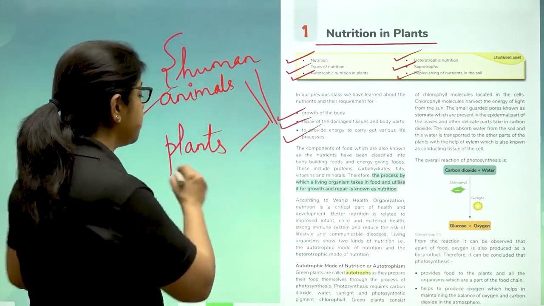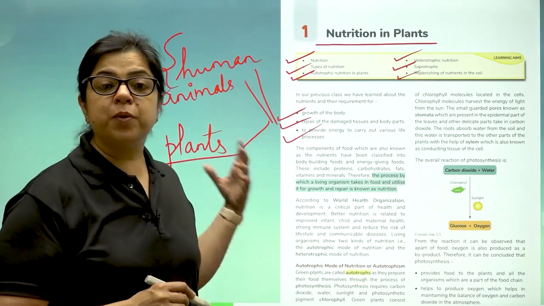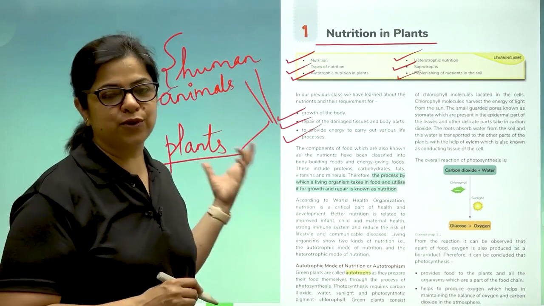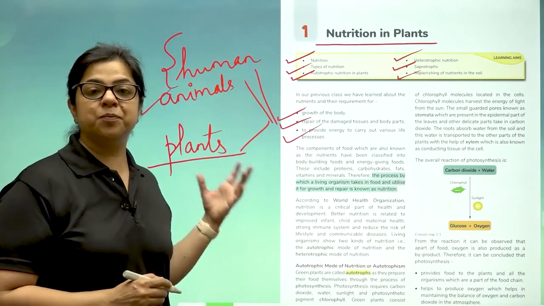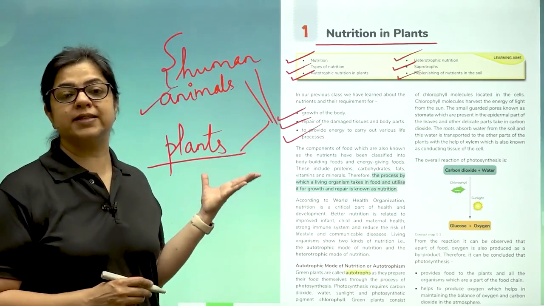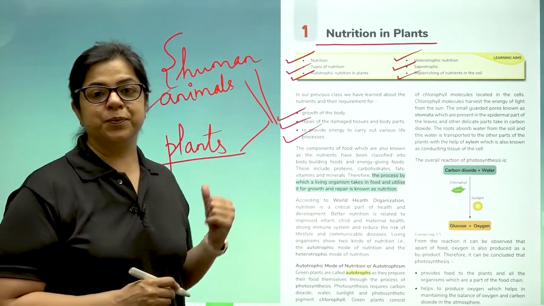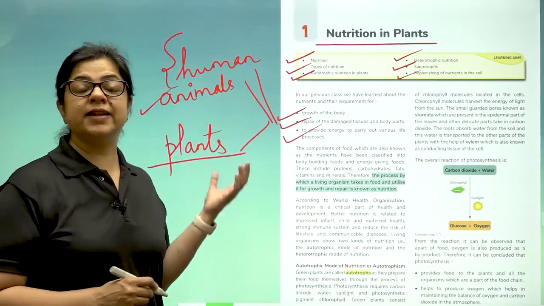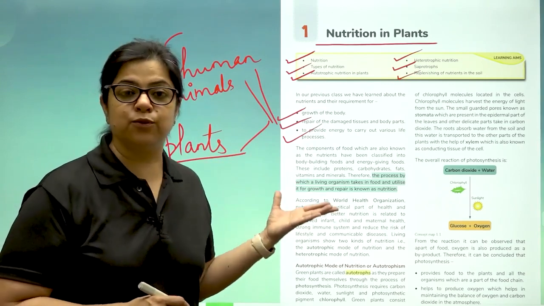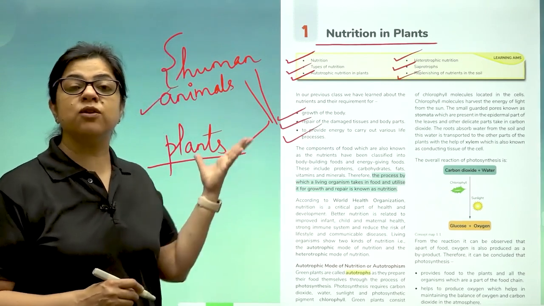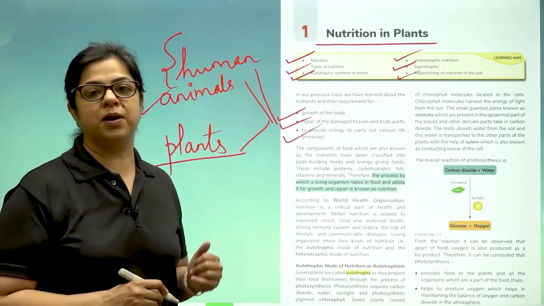Now what about plants? How do plants get their nutrition? So we have learned from junior classes that plants are the only living organisms that can make their food. Today we are going to understand that plants are not just the ones who make their foods. There are plants which are also dependent on other plants.